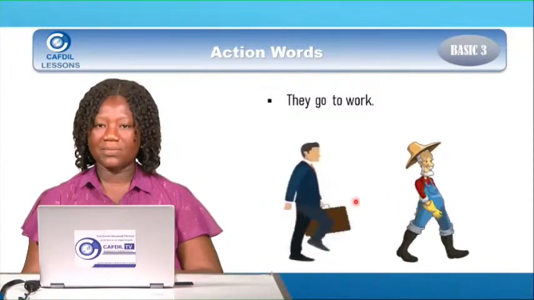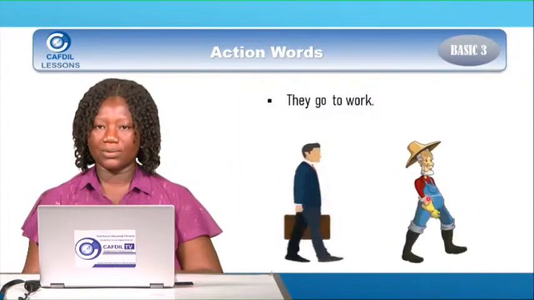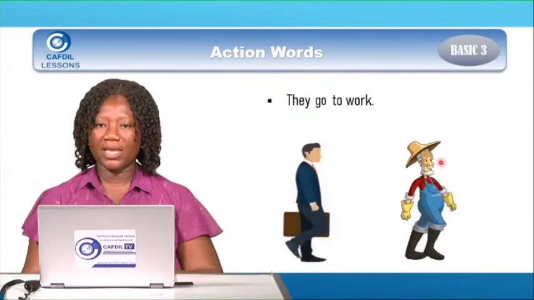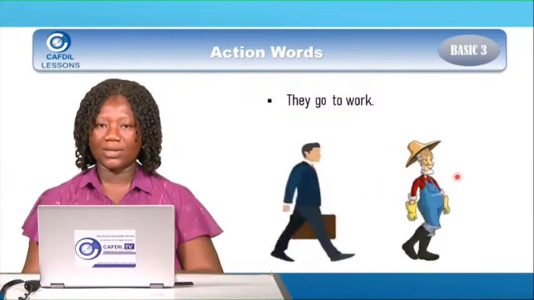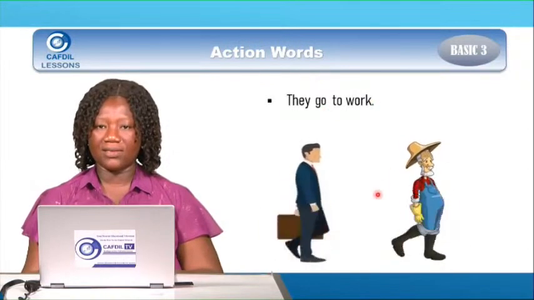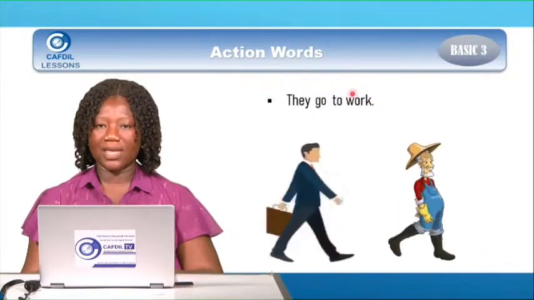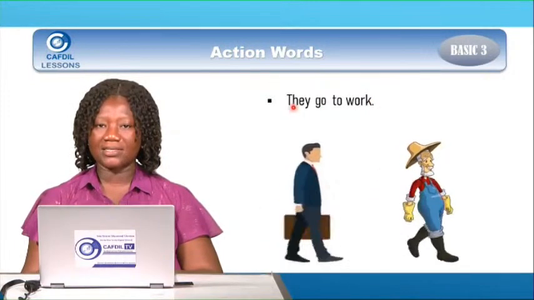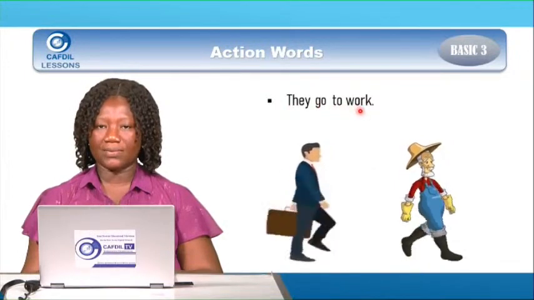So we can describe this action as go. All of you, go. Good. We want to form a sentence talking about the action going on using they. So we can have our sentence as they go to work.